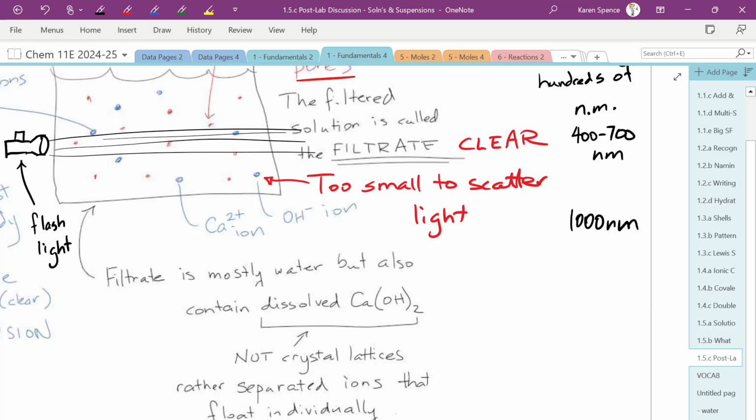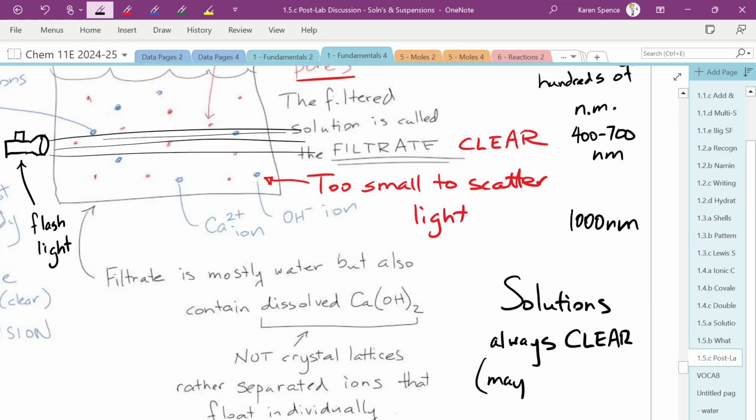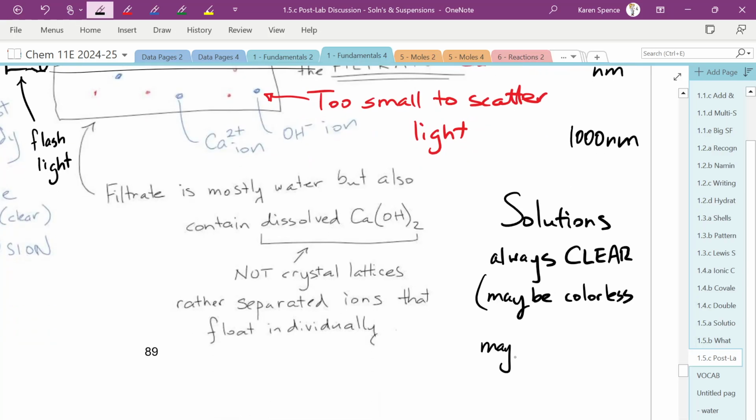So solutions are clear. They might be colorless or they might be colored. And the reason I make that distinction is because in regular life, we tend to say, if you look at water, oh, it's clear, right?